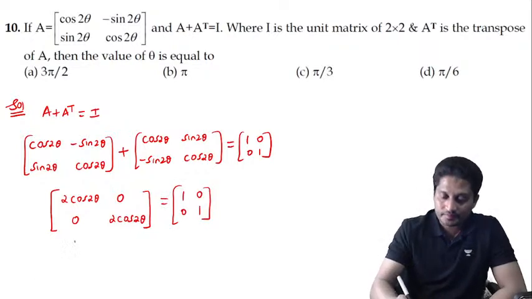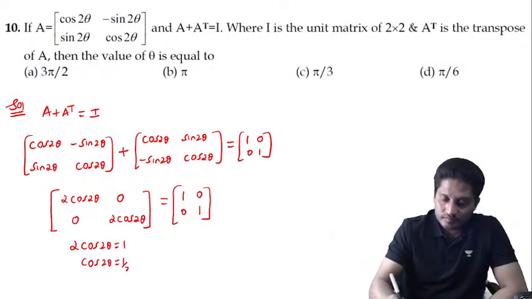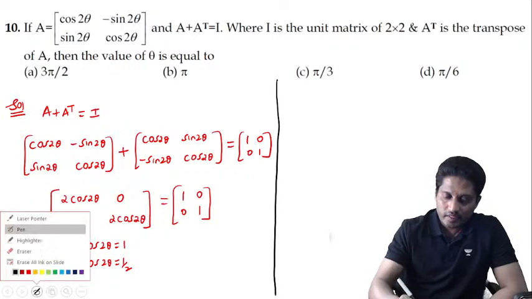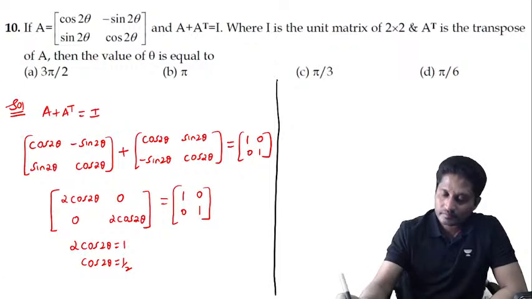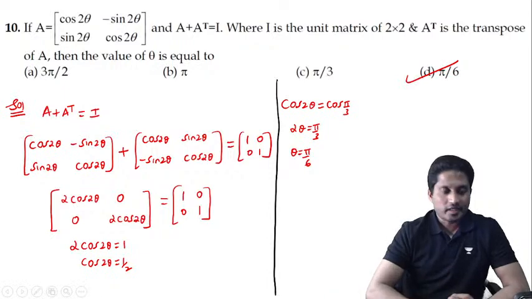Now if I equate them, 2 cos 2 theta is equal to 1. Cos 2 theta is equal to 1 by 2. 1 by 2 can be written as cos pi by 3 because cos 60 is half. 2 theta is equal to pi by 3. Theta is equal to pi by 6. Right, answer is option D.